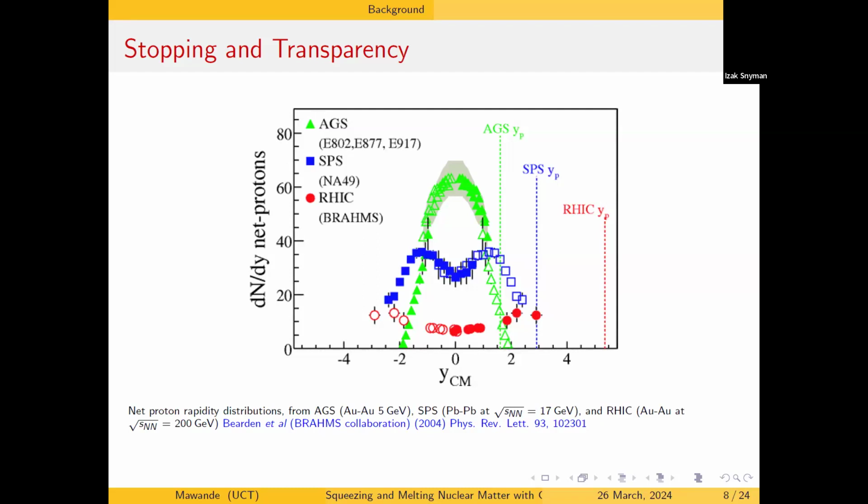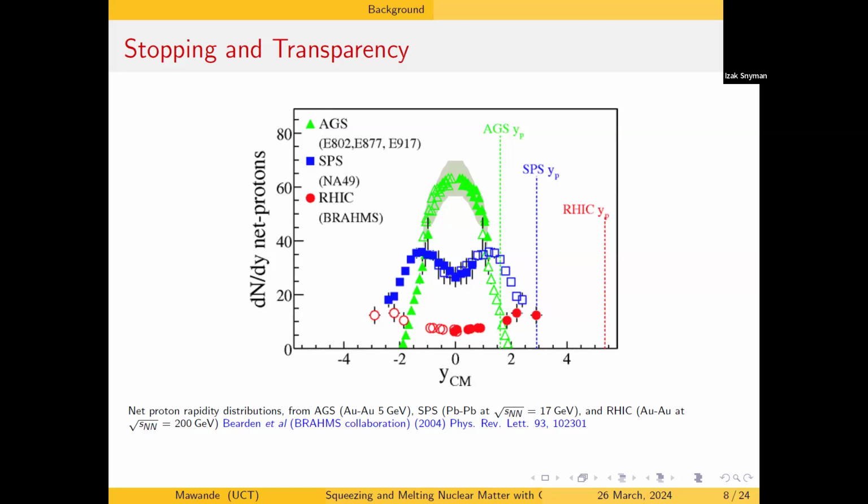That's a good point, because if the baryon number is going low here, then it must have gone somewhere else. So it must be in the higher rapidity region, and I'm going to introduce some terminology shortly.